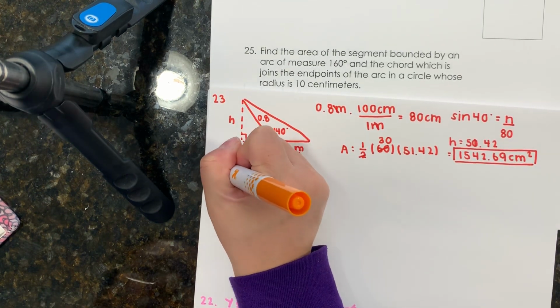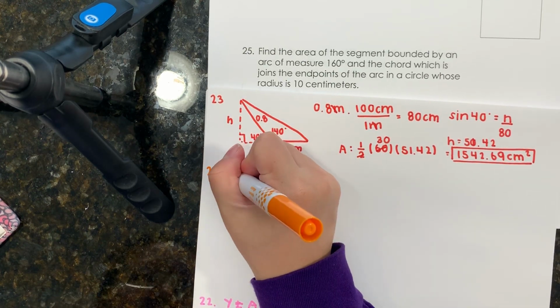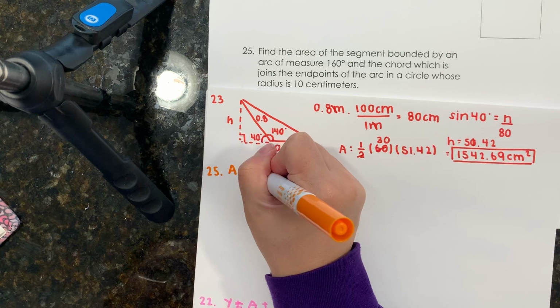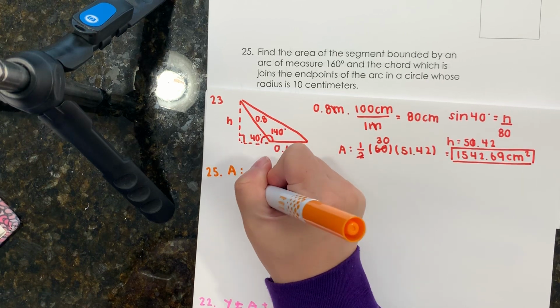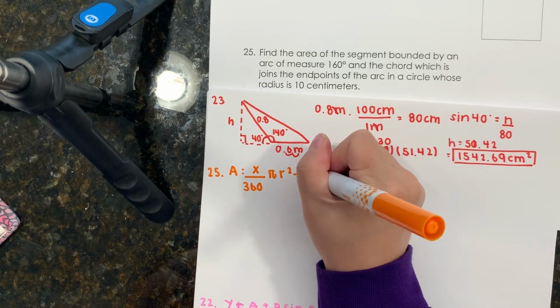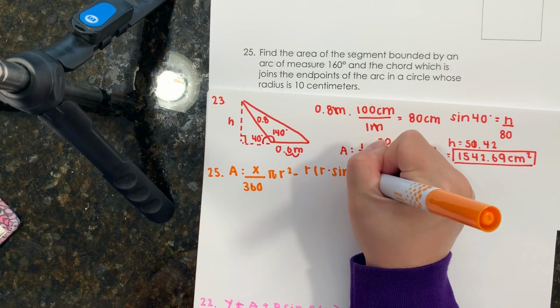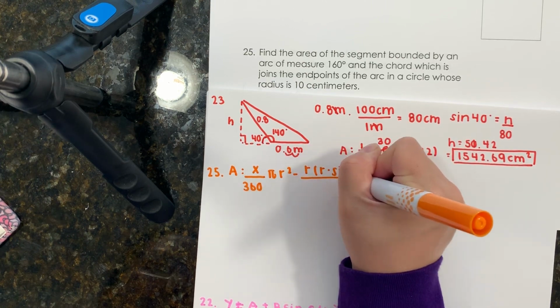So for number 25, we have a formula, and that would be area of the segment is equal to x degrees over 360 times pi r squared minus the triangle, which is r times r sine of x, or base times height divided by 2.